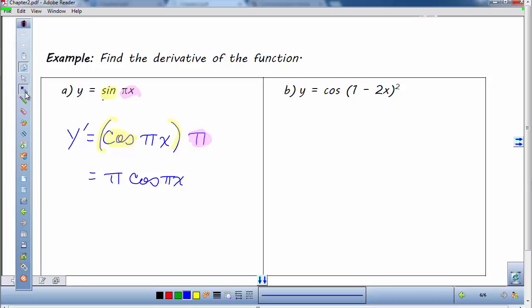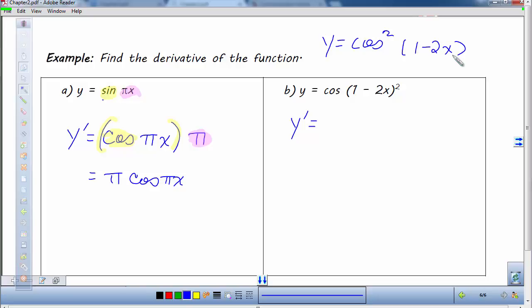Okay, what about B? y prime equals, well, now all of this is on the inside. If the function was y equals cosine squared 1 minus 2x, then yeah, I might move that 2 out front first.